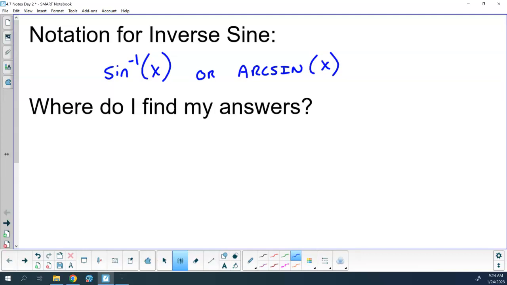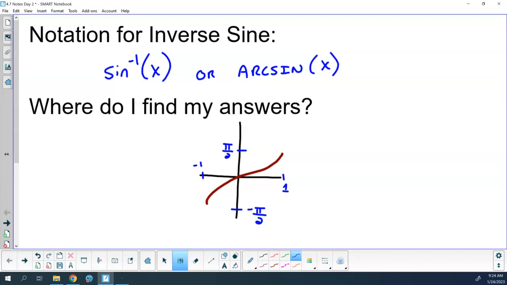So then we said, okay, so let's limit our answers, or where we can find our answers that we need, from negative pi over 2 to positive pi over 2.